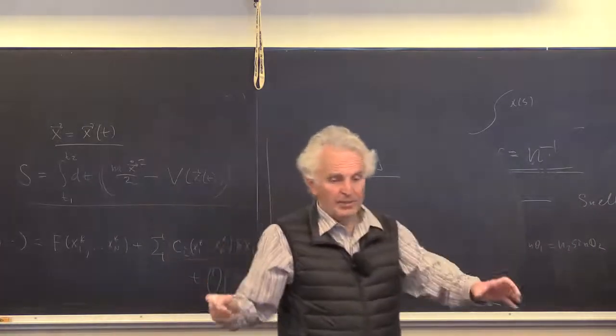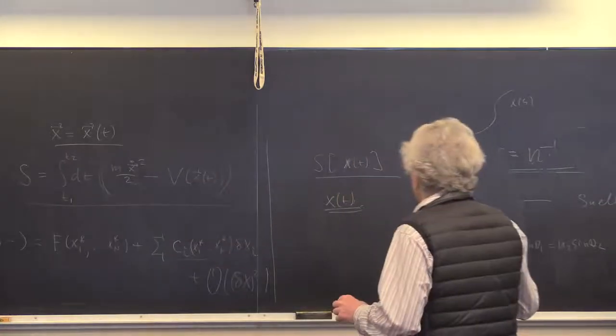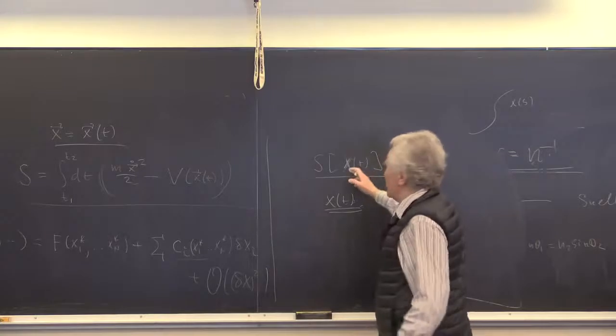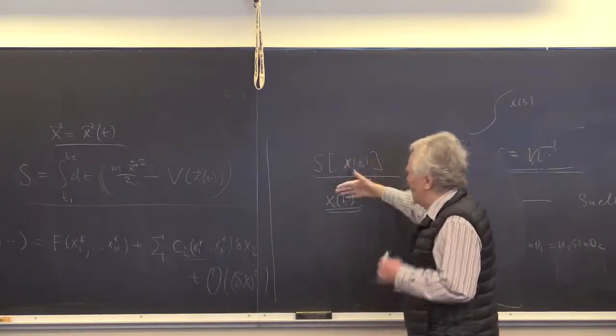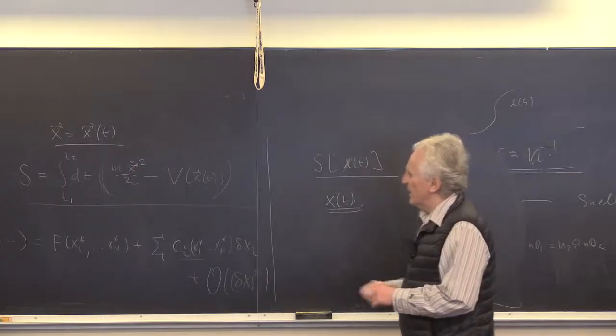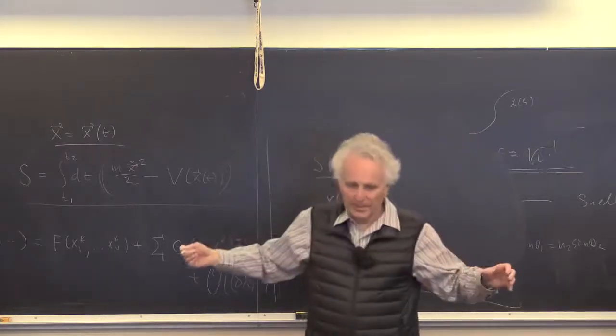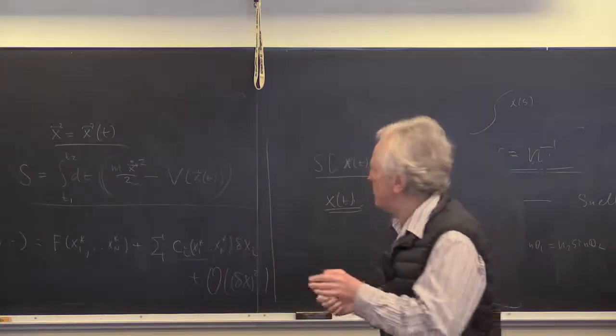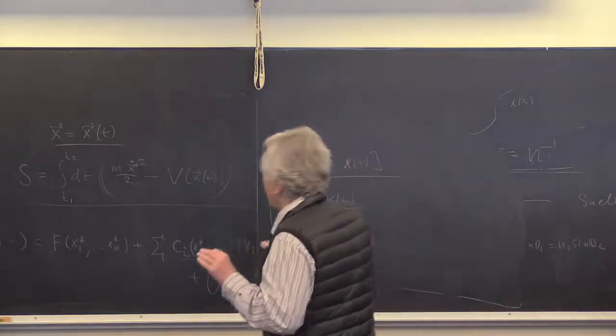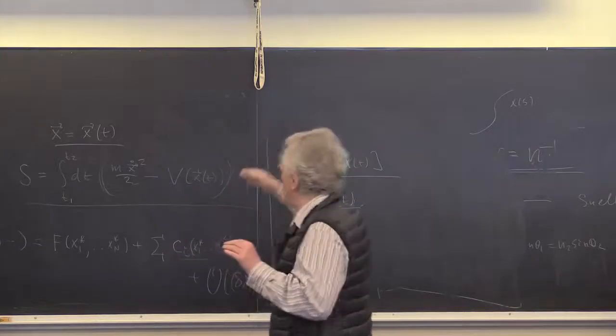I claim it's very obvious that this is a certain limiting procedure, and you can always reduce it to calculating a function of n variables. So I'm trying to establish the connection, the genetic relation, between the function of n variables and the functional.